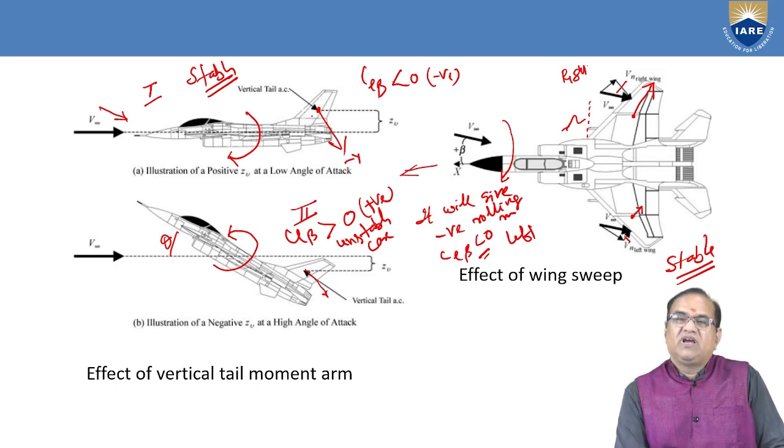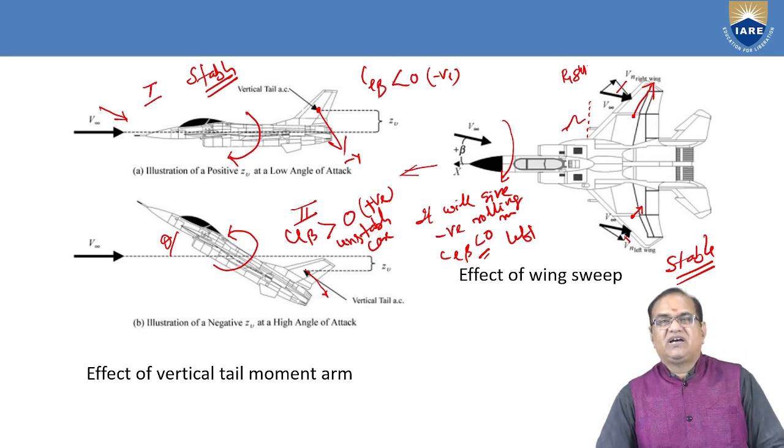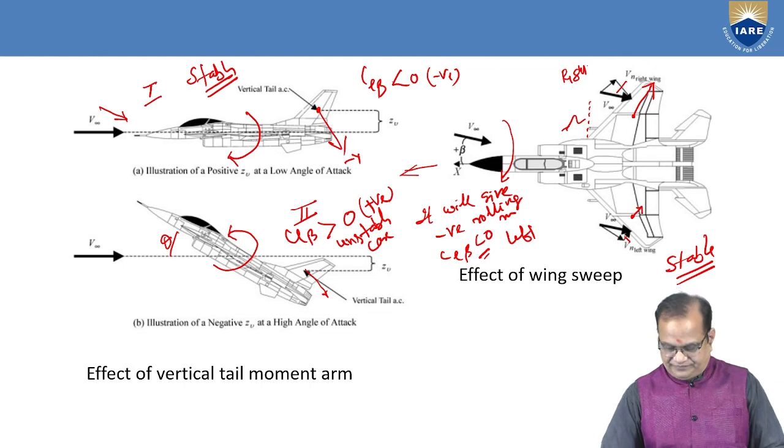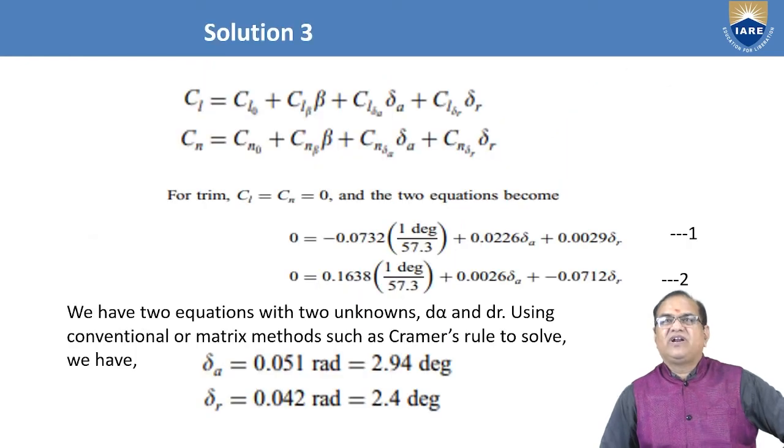So we have to be very careful when designing the aircraft about what maximum theta or pitch angle your aircraft can sustain for a given vertical fin. So here CL beta of the sweep, CL beta of the fin, all these things we have discussed.